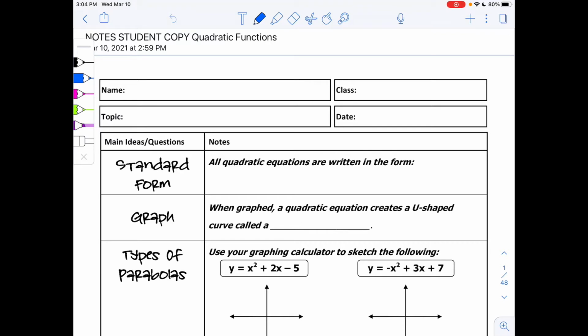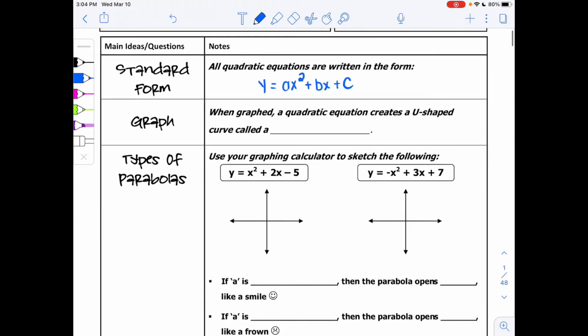Standard form of a quadratic equation, just like with linear and exponential equations, is y equals ax squared plus bx plus c.